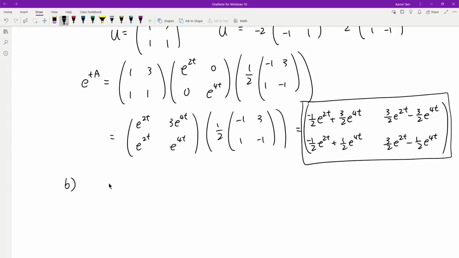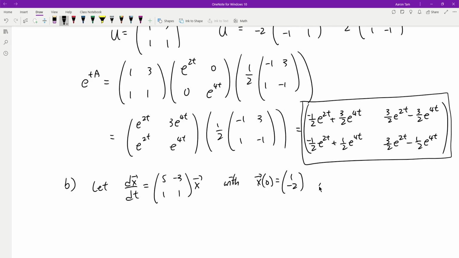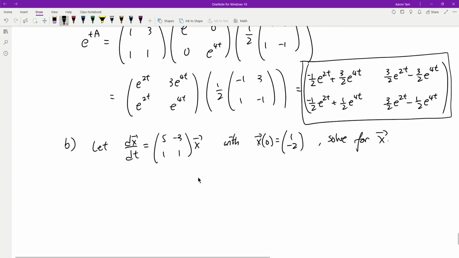So let's say d vector x over dt equals the matrix 5, negative 3, 1, 1 times vector x, with, let's say, vector x of 0 equal to 1, negative 2. Let's try to solve for vector x. And since we have our matrix exponential already, that's pretty easy.